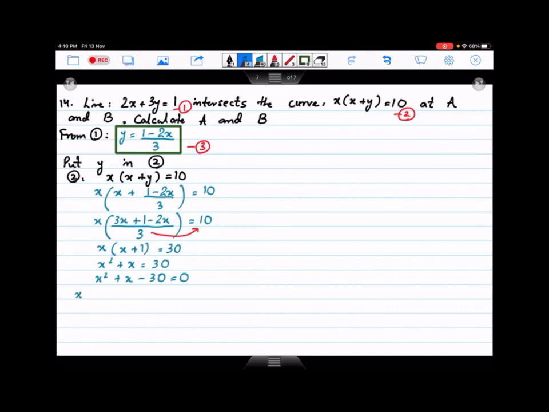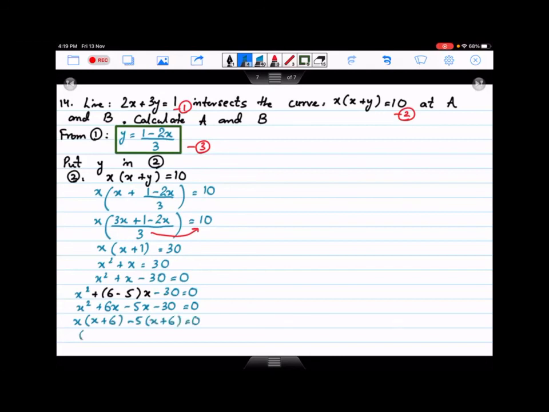So now we can solve it either by quadratic formula or by middle term break. So I am using the middle term break process. So it should become x square plus 6x minus 5x minus 30 equals to 0. Now taking x common from the first two and taking minus 5 common from the next two.